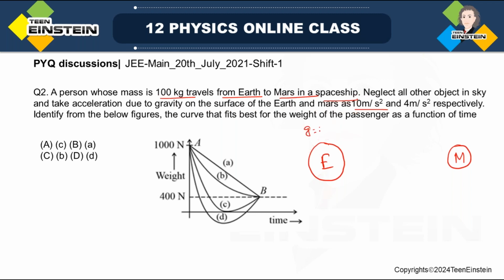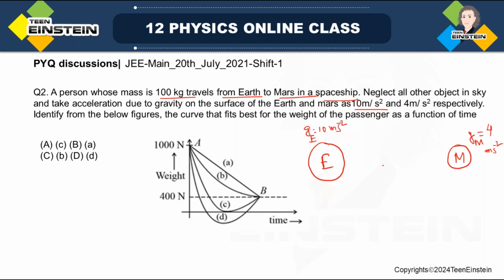The g is actually 10 meter per second square, as we know, and here g is, let us write, on the Earth's surface, and this is on the Mars surface.